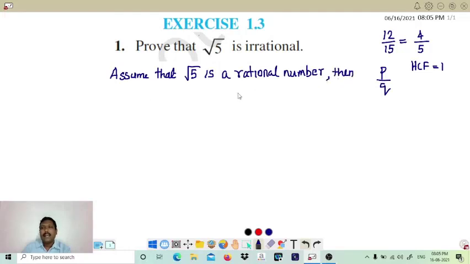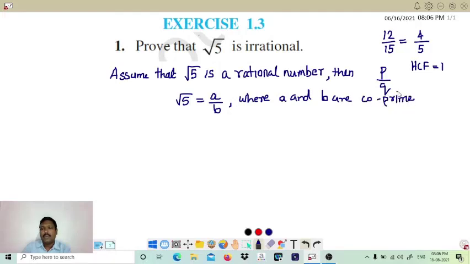So if we assume root 5 is a rational number, then we can say root 5 is equal to, instead of p by q, a divided by b, where a and b are coprime.